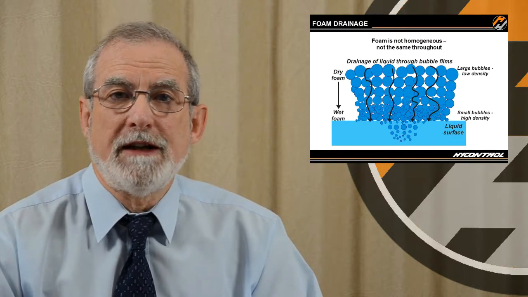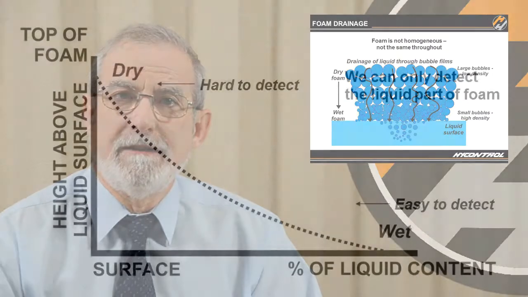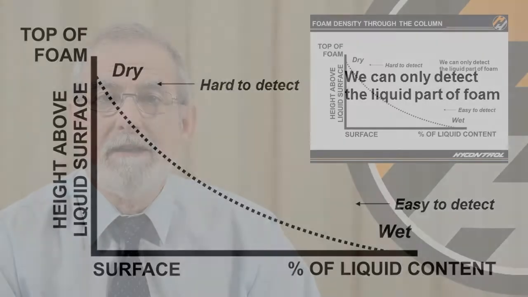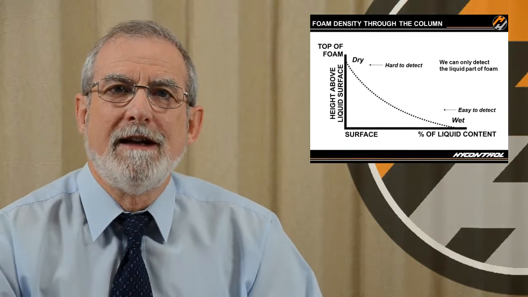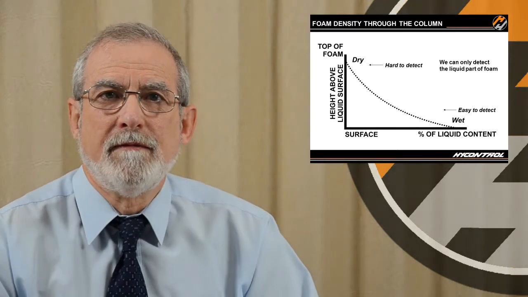And we can measure something of the density of the foam by measuring the liquid content in the foam. So if we look at this as a section through the column and we consider the foam at the top of the column, it's drier than at the bottom, it's harder to detect. And as we go through the foam from the top to the bottom, we find that the density varies, the liquid content varies, and we go from a foam that's drier to a foam that's wetter.